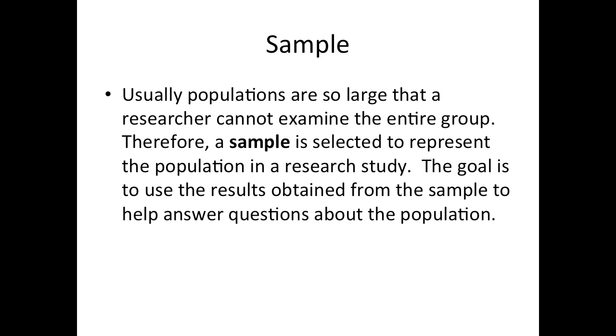So a lot of times populations are too big to measure everyone. Like if you were interested in fifth graders in the U.S., way too big to measure everyone in the population. So you would select a subset, a sample. So you could take just the fifth graders in Austin being a sample from the larger population of the U.S. fifth graders. Does that make sense?